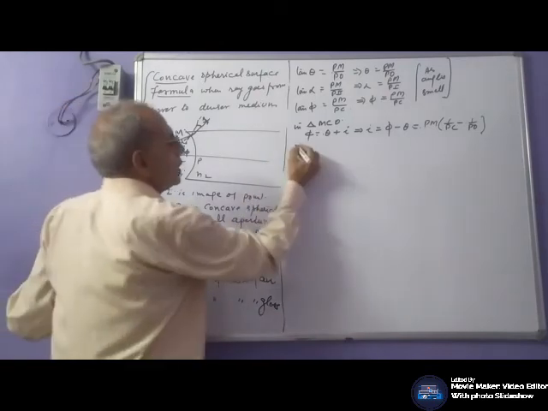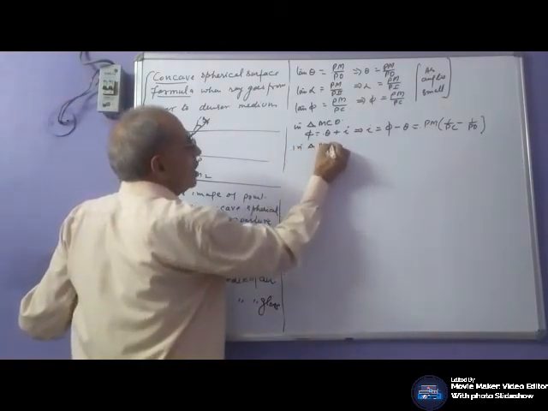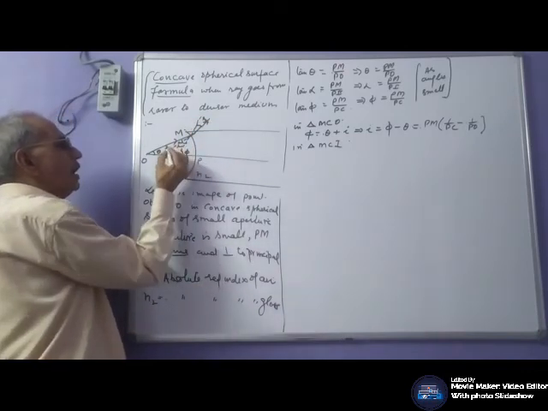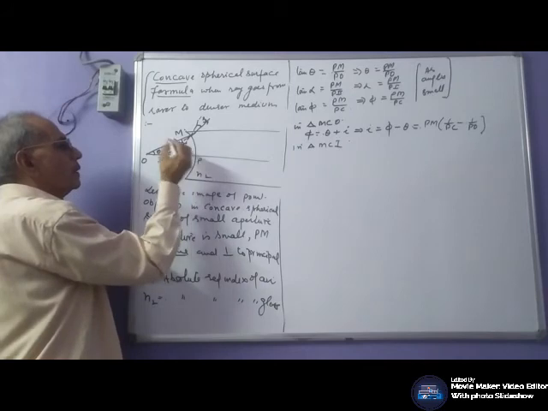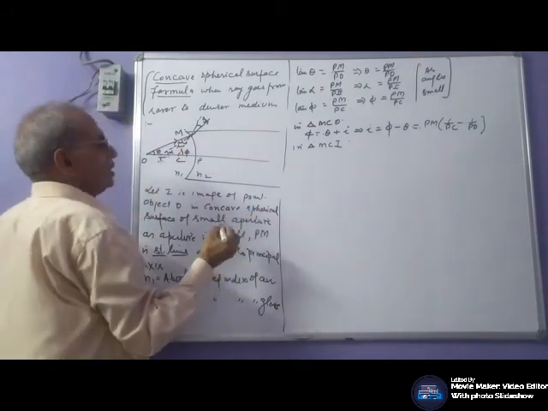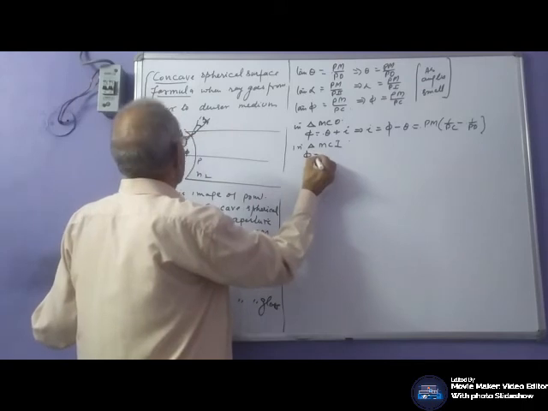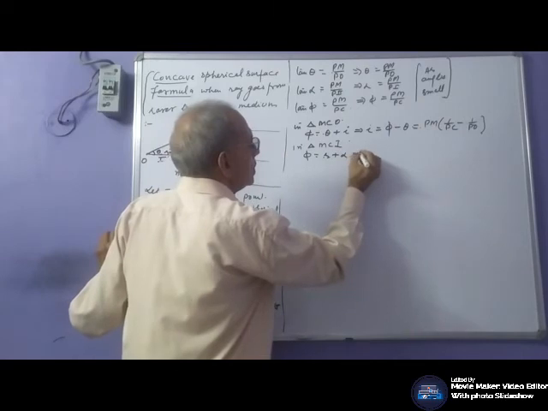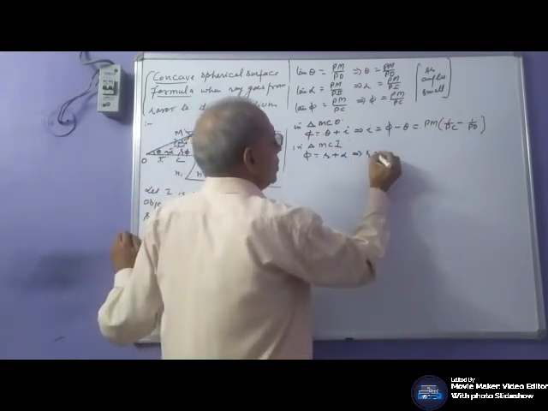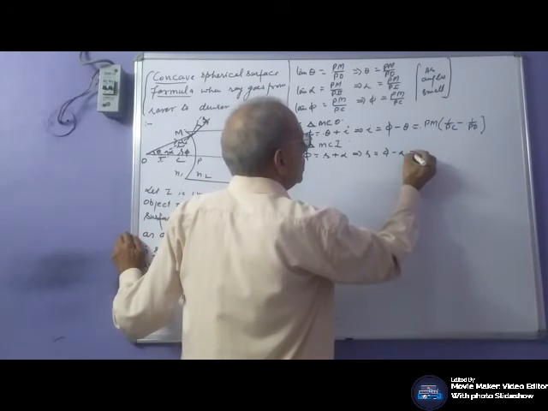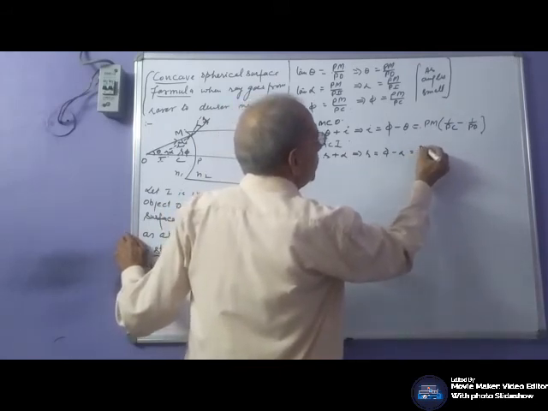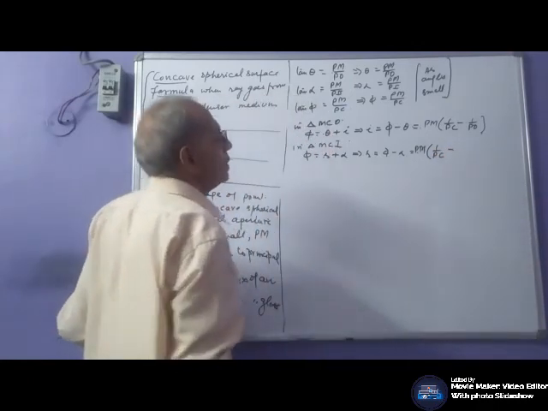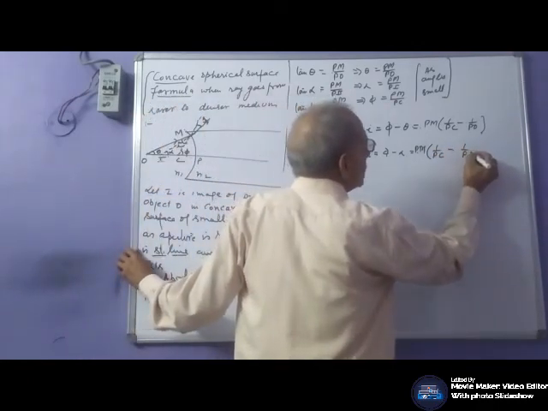So in triangle MCI, if this is R, this will be R. In MCI, phi again is R plus alpha, or R is phi minus alpha, phi PM, 1 by PC, minus alpha, 1 by PI.